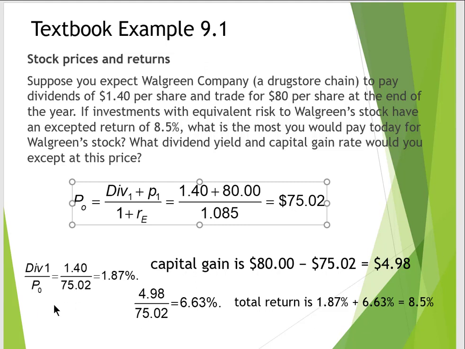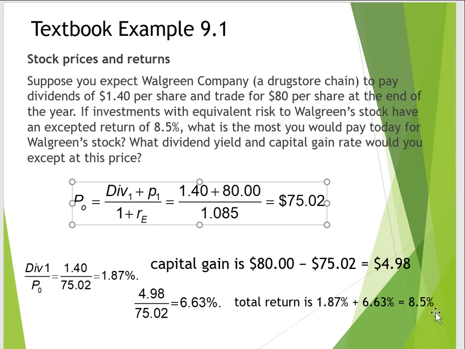Now let's break this down into those two component parts. The dividend yield is $1.40 divided by the current price, which is 1.87%. That's the return that you earn on the dividends. The capital gain, if it grows to $80, is $4.98, and that turns out to be a capital gain percentage of 6.63%.